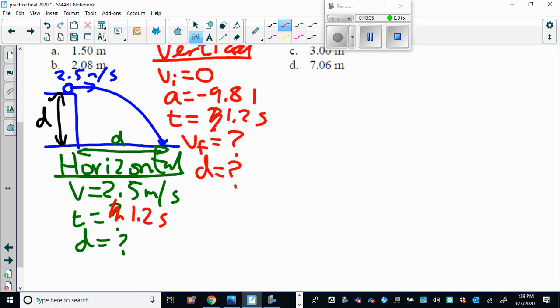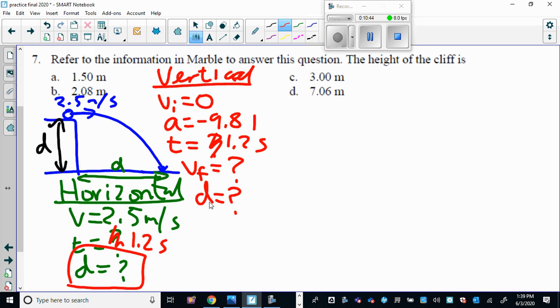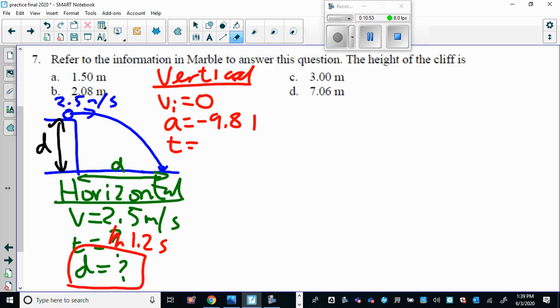So for the horizontal components, we could calculate the displacements or the range, but that's not what the question is asking. It's asking for the vertical displacement or the height of the cliff. So we don't need the final velocity. The time is 1.2 seconds, and we want to know the displacement. So we can do this in one step. We just need the one equation.